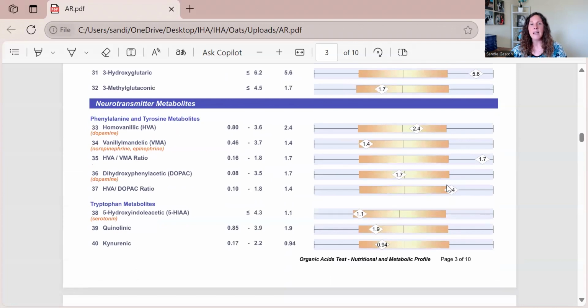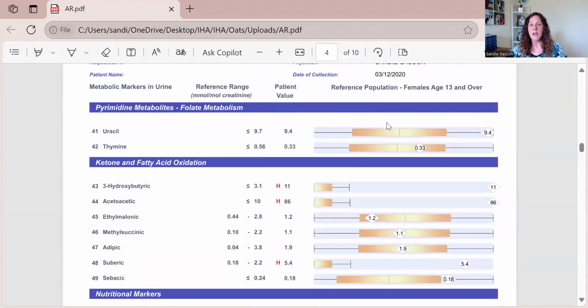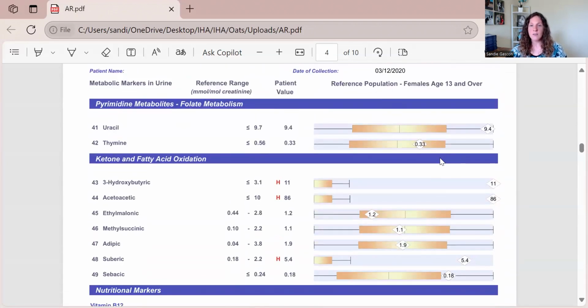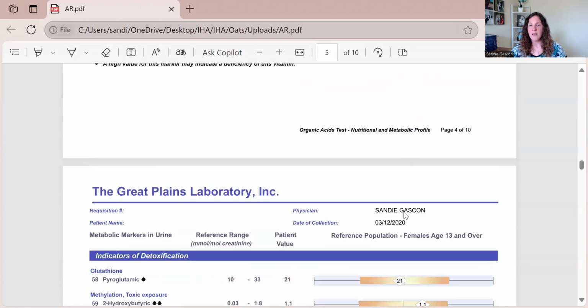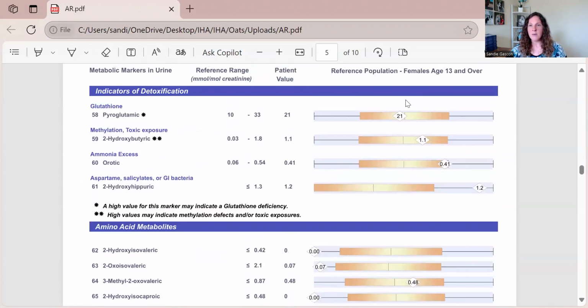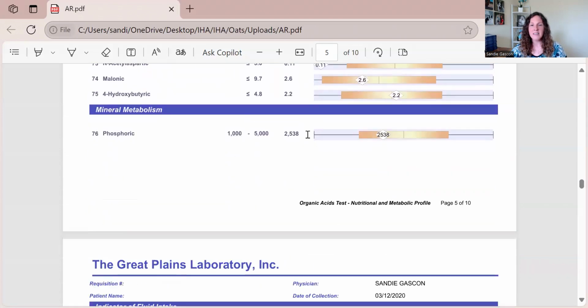We don't want to see high. Neurotransmitter markers are different. It all depends on how your genes are, how you're breaking down your neurotransmitters. And then again, these ones we don't want to see high. Here we want to see them all closer to mid-range in this little orange-ish yellow box. And these ones, again, we want to see mid-range and we want to see mid-range. So that is the OATs test.